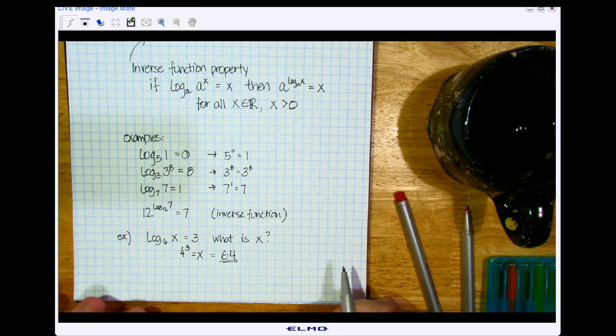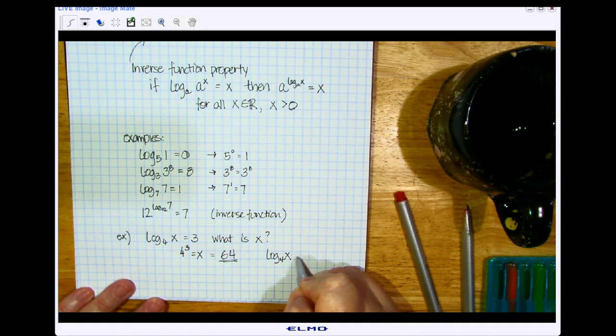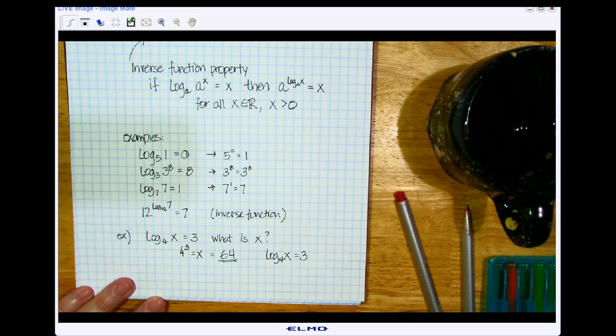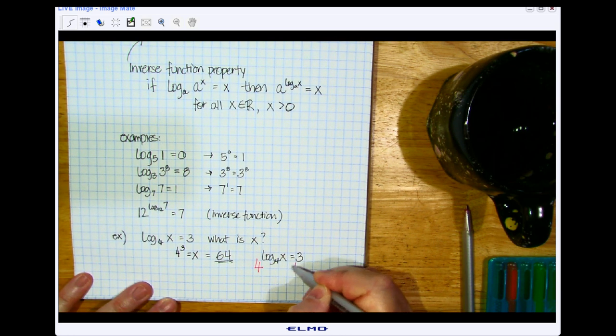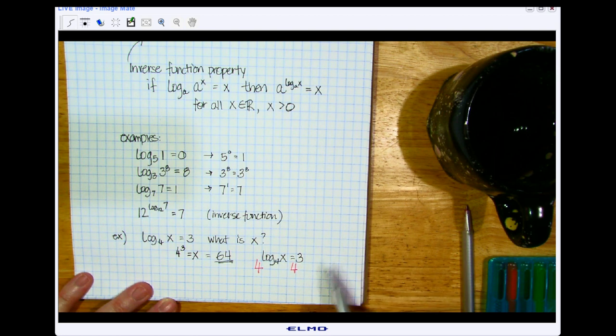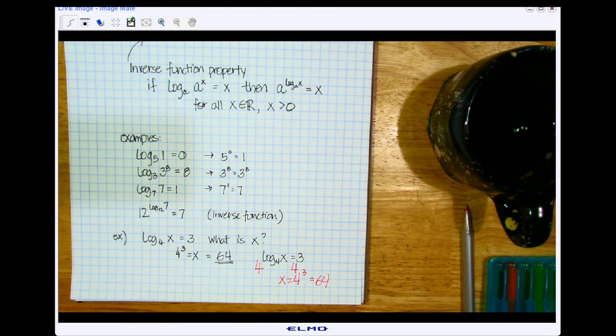You can also do this a slightly different way. This was always my favorite way to do this, but log base 4 of x is equal to 3. You can put both of these to the 4th power. Do you see how by my putting the base here, like I'm raising 4 to the log base 4 of x, and I'm raising 4 to the 3rd power, I get x is 4 to the 3rd, which is 64.